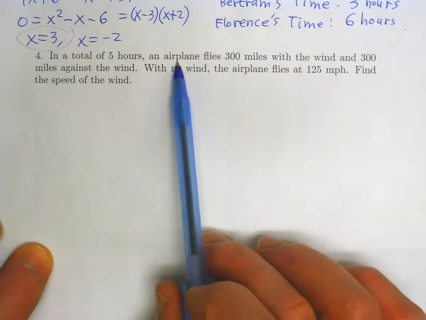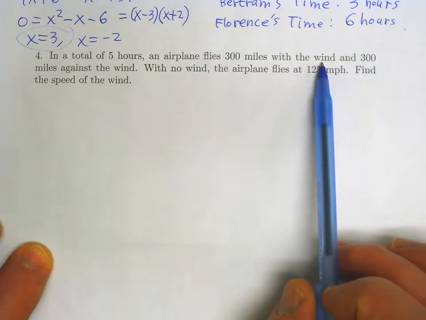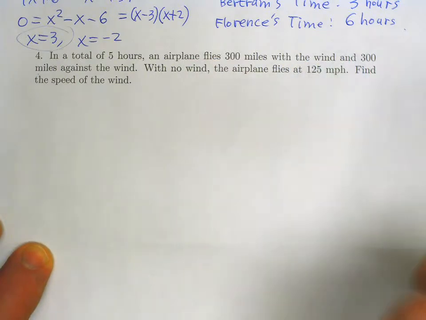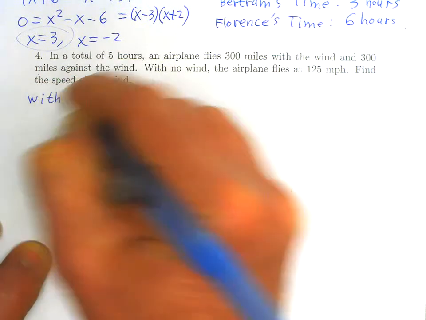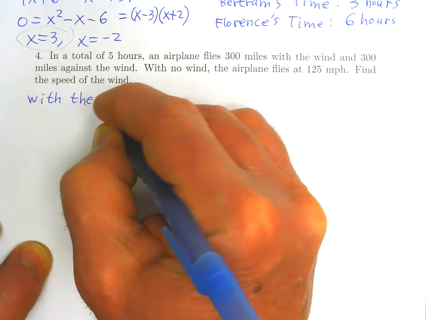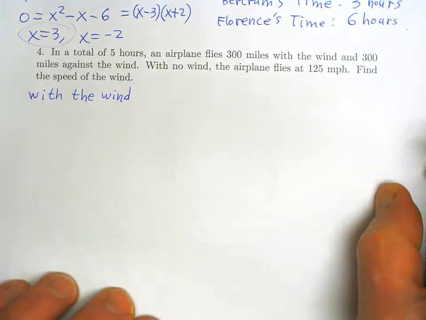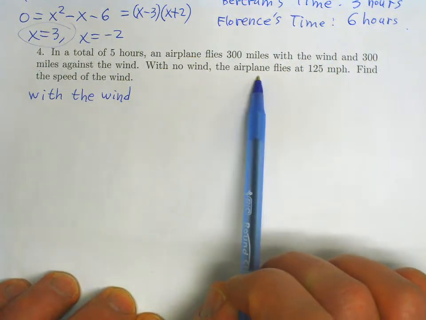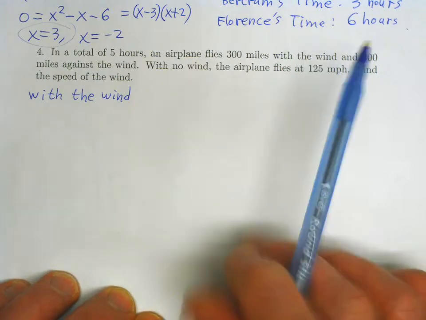One is when the airplane flies with the wind. Okay, so when the airplane flies with the wind, well, if there was no wind, the airplane would be flying at 125 miles per hour.